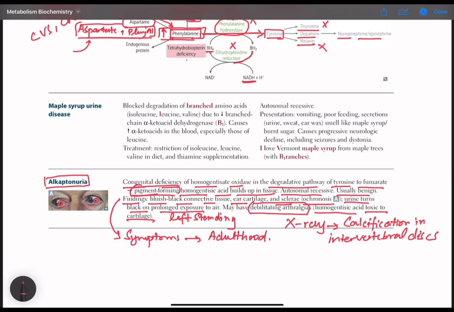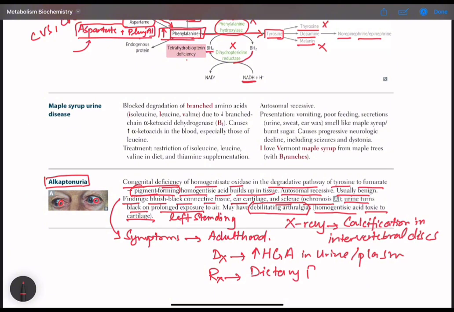The diagnosis is that these patients have high levels of homogentisic acid in urine as well as plasma. And the treatment is the same as phenylketonuria: dietary restriction of phenylalanine and tyrosine. This was all about phenylalanine and tyrosine metabolism.